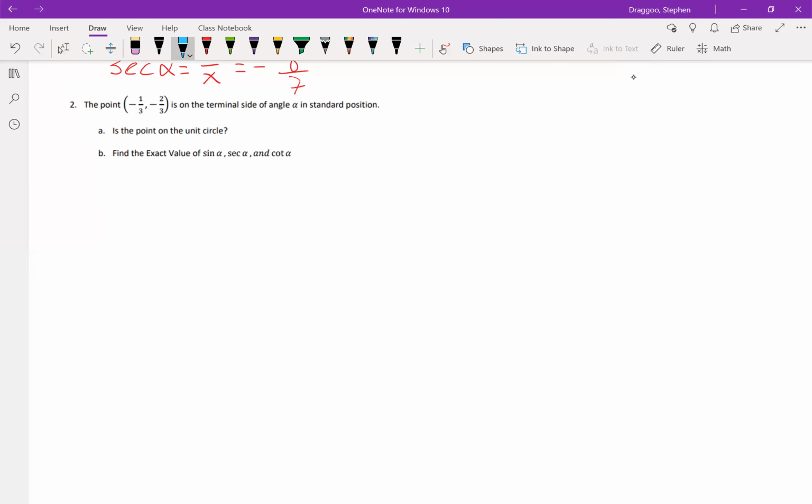In order to check, we really need to have (-1/3) squared plus (-2/3) squared, which gives 1/9 plus 4/9, which is equal to 5/9. And 5/9 is decidedly not 1. So this point is not on the unit circle.